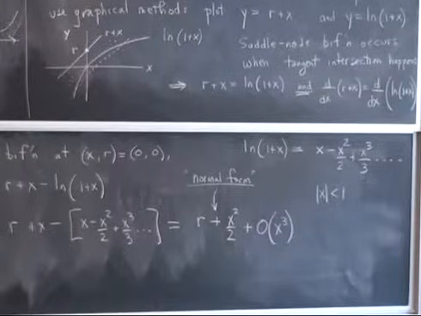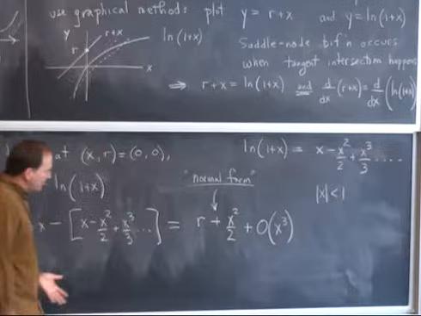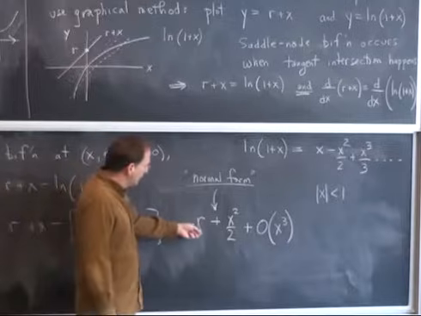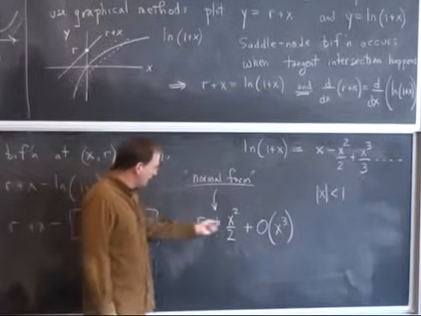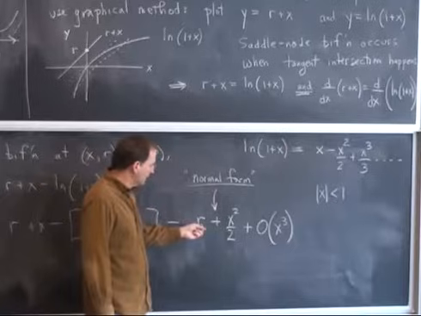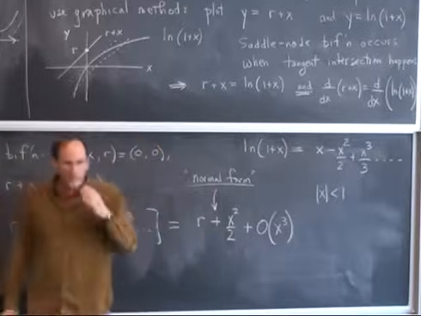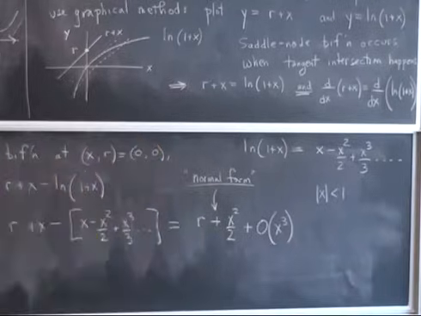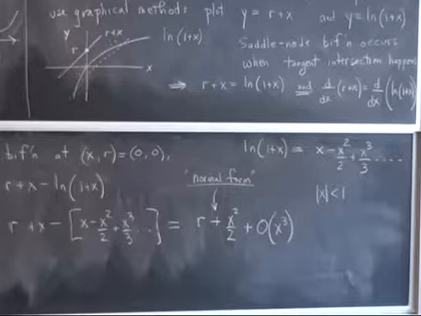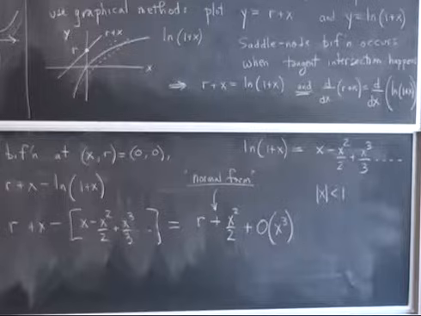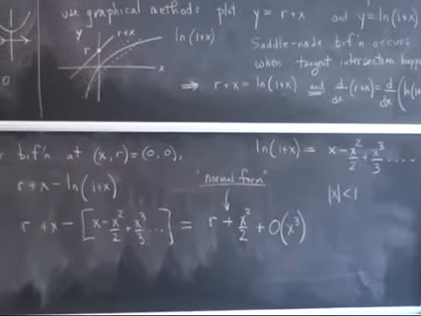But in the crudest sense, the statement is something like that near a saddle node, the dynamics always looks kind of like a constant times r plus or minus a constant times x squared. That's the generic behavior near a saddle node. And that's one reason why we're studying these simplified standard examples, because they're very typical.